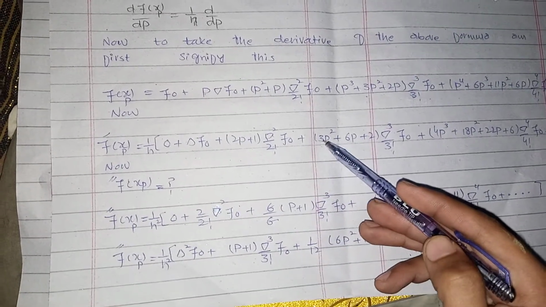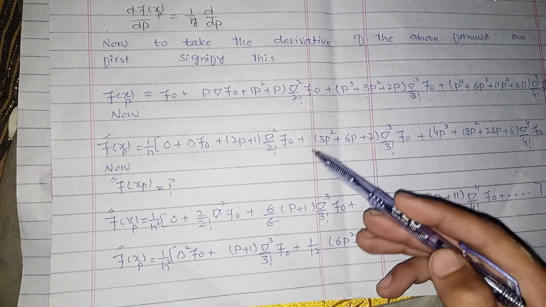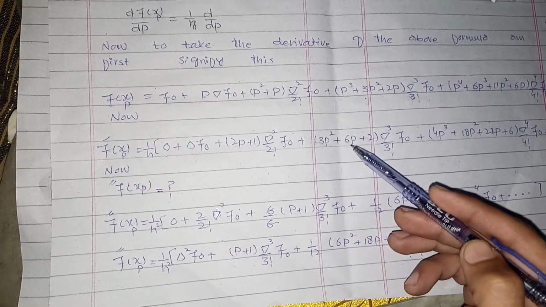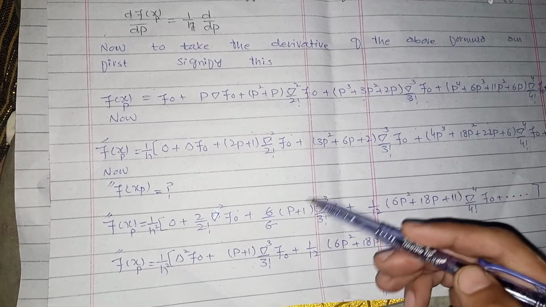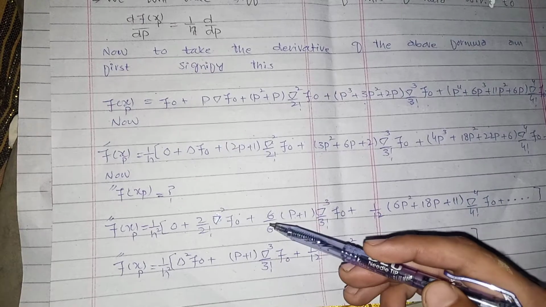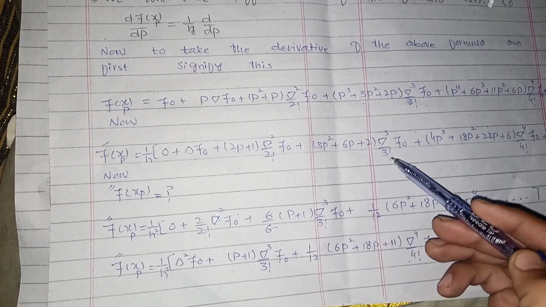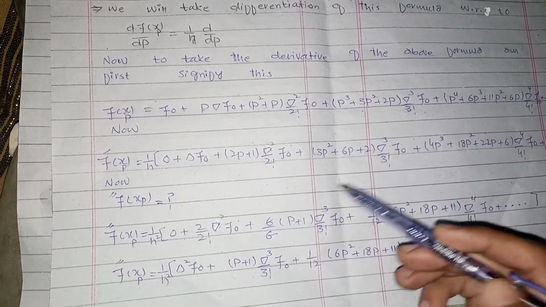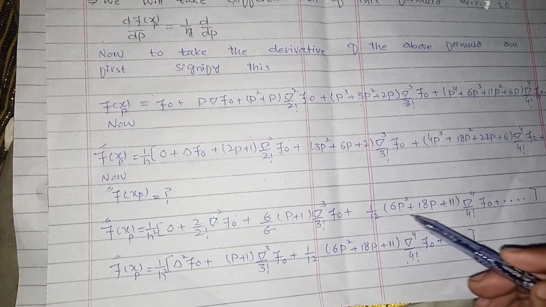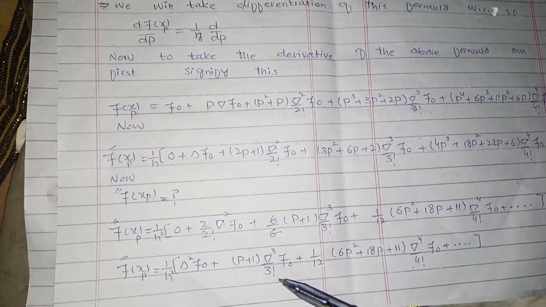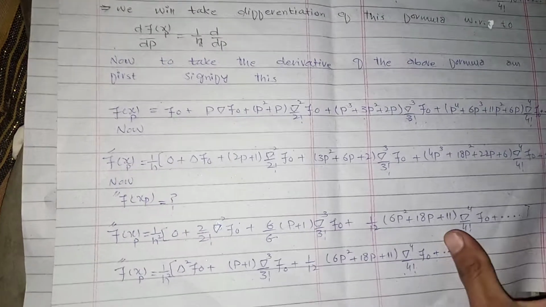From here, 3 multiplied by 2 gives 6, plus 6p becomes 0. We take 6 as common, and 3 factorial is 3 multiplied by 2, which also gives 6. So we get this formula for f double dash, the formula of the second derivative of Newton backward interpolation.